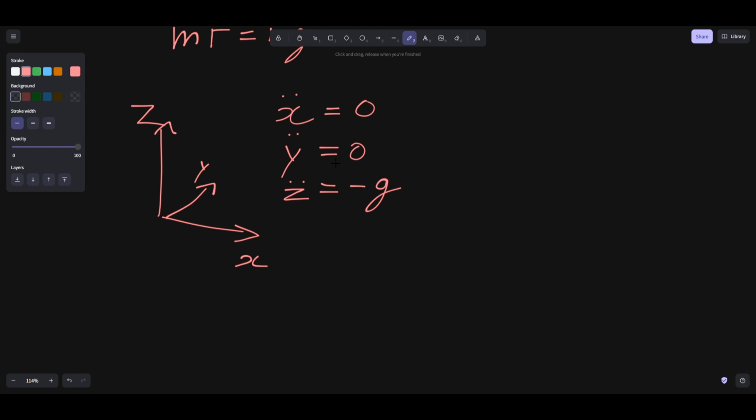So in this scenario, since the particle will not be moving in the y direction, we don't actually need that coordinate at all. So we'll be left with just x and z. Thus the motion is effectively two-dimensional.